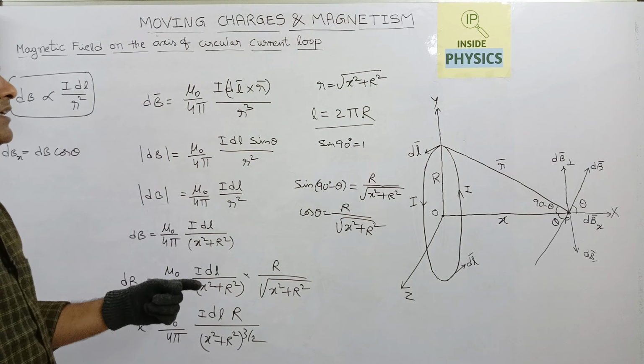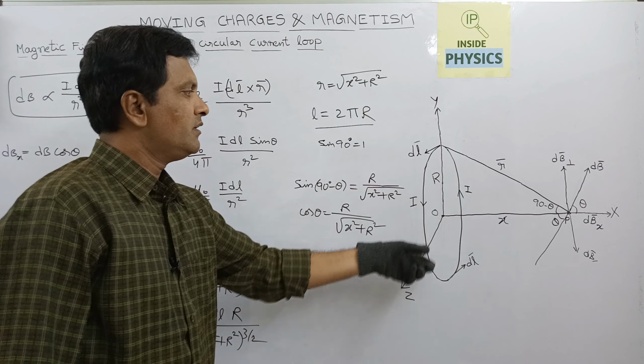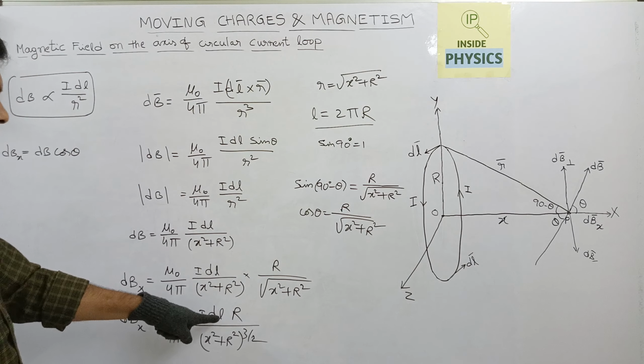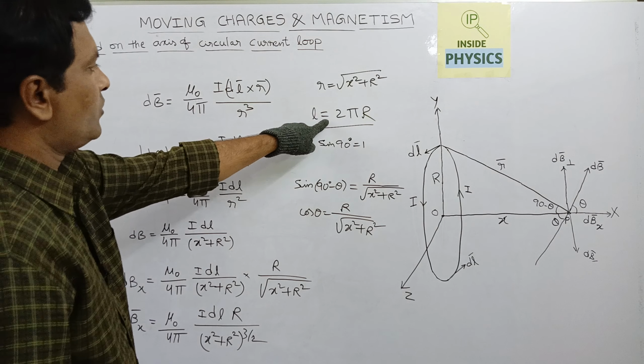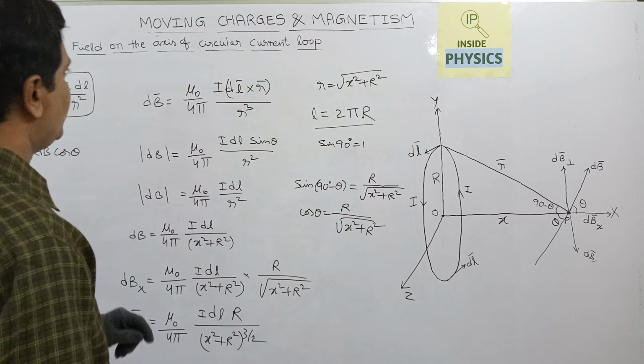Now we want the magnetic field due to the entire circular loop. For that we need to put L, the total length 2 pi r, in place of dl.